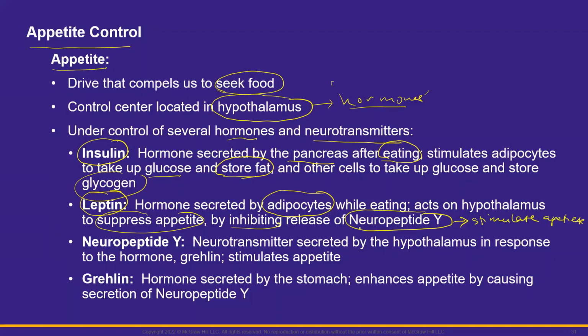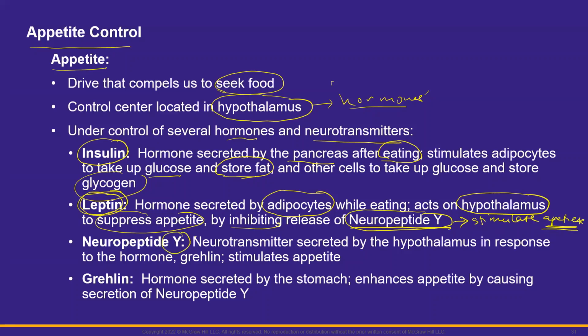Just remember, neuropeptide Y is produced by the hypothalamus and controls our appetite. This neuropeptide Y is inhibited by leptin. So leptin causes us to feel full, or inhibits the appetite.